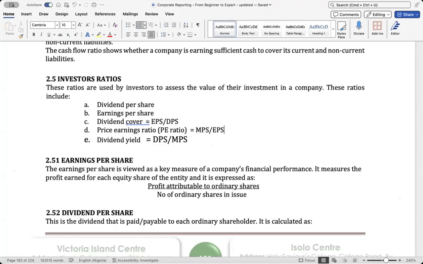So looking at this ratio, for a company to have a high PE ratio, it means that this denominator must be small and market price must be relatively high. It means your earnings is small and market price is huge. That's counterintuitive. That's not how it should work.